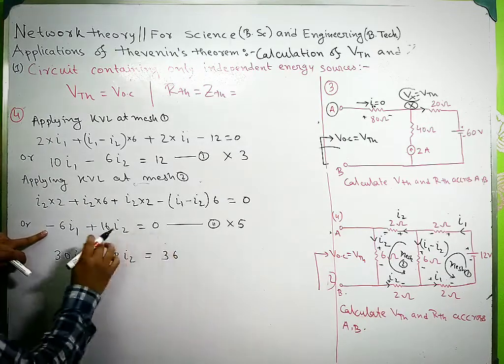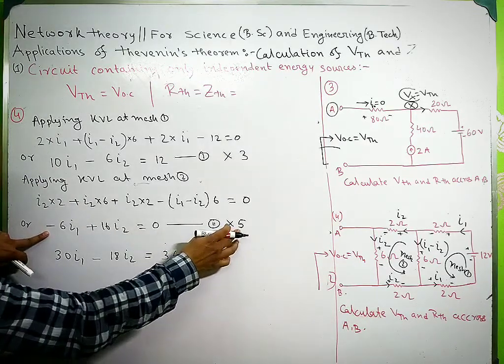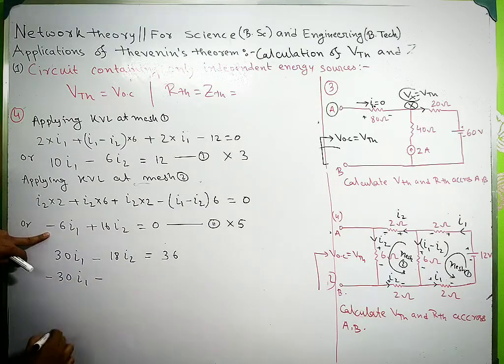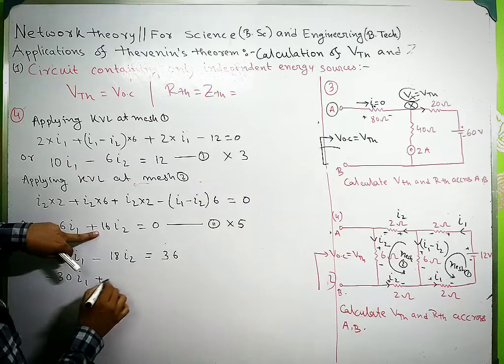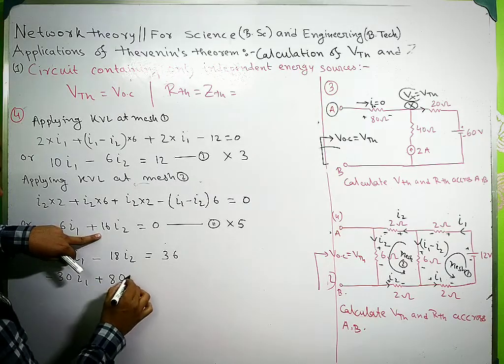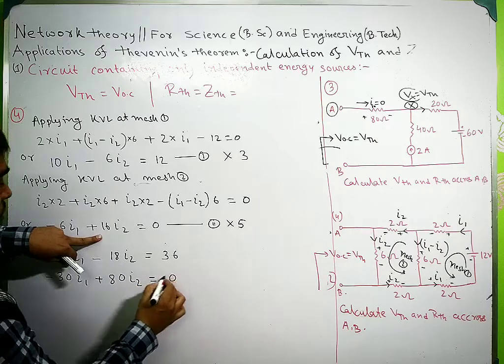Now from the second equation, if I multiply by 5, it will be minus 30 I1 plus 80 I2 equals 0.